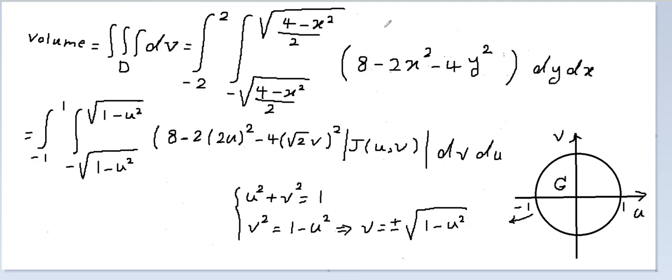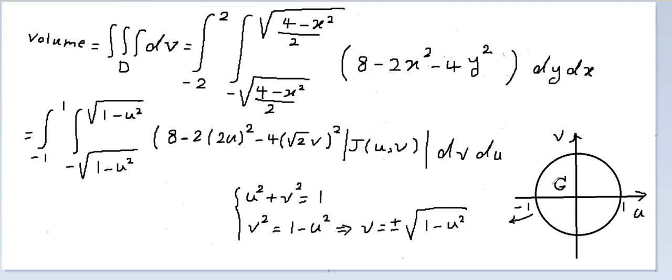So this integral with respect to u and v, 8 minus, x is 2u, y is the root of 2 times v, and we calculate the absolute value of the Jacobian, which is 2 times the root of 2. And look at the region. This elliptic region under this substitution will be converted to a circular region in the uv plane.